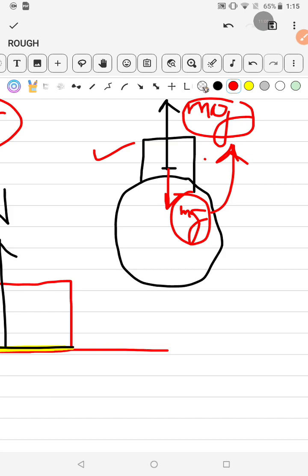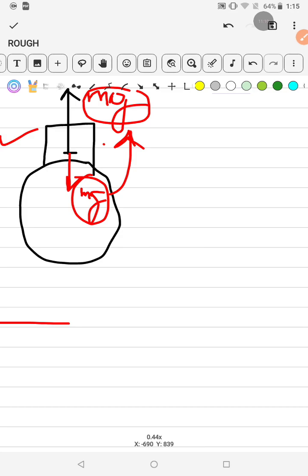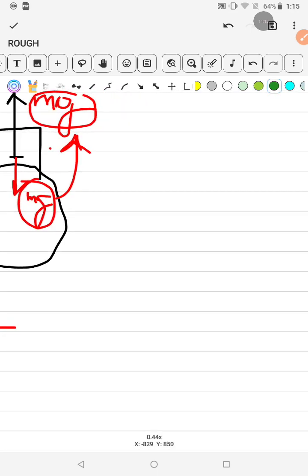Now there is an important thing which I have to tell you about the magnitude or value of normal. The magnitude of normal is self-adjusting. You have to remember it. That means its value changes according to the question or situation given to you.